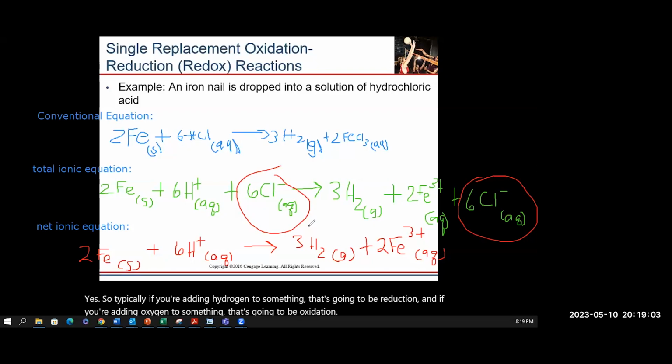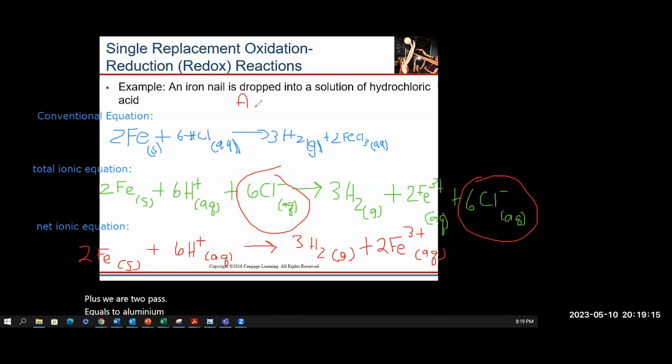The actual question in the practice exam is aluminum solid plus Br2 gas equals aluminum bromide solid. So you said 2Al solid plus 3Br2 gas gives 2AlBr3 solid.